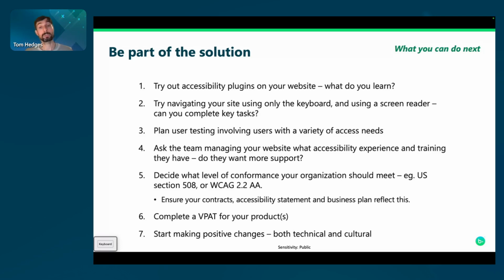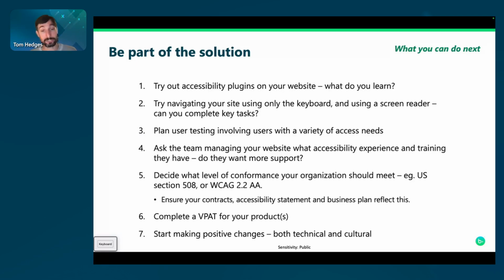Think about what level of conformance is appropriate for your organization to meet, for example, US Section 508, and then ensure that any contracts for third parties, your public-facing accessibility statement, and your internal business plans reflect that commitment and ambition to help you meet it.